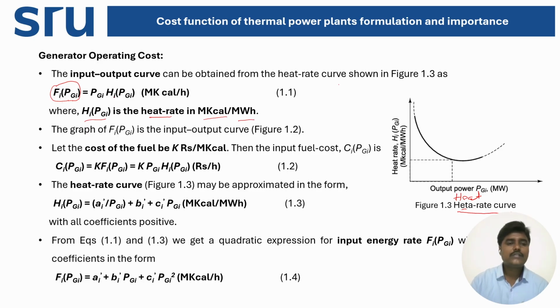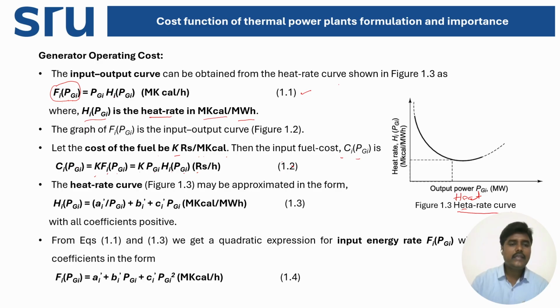So let the cost of the fuel is K rupees per million kilocalories. Then the input fuel cost function Ci of PGi can be expressed as K into Fi of PGi, where Fi of PGi we can substitute from equation 1.1 here, then it will become K into PGi into Hi of PGi.